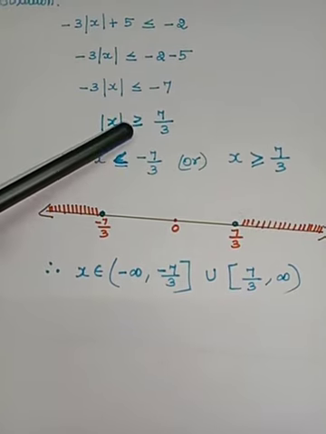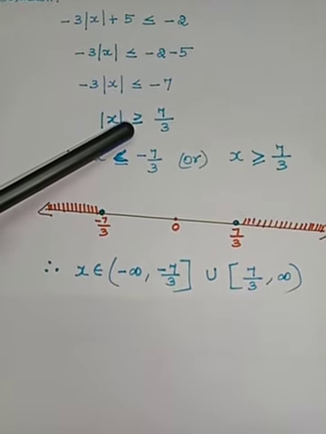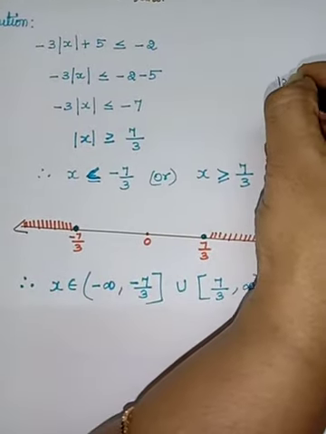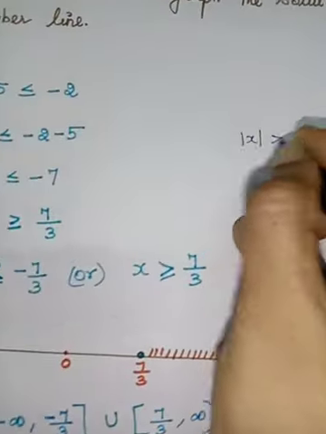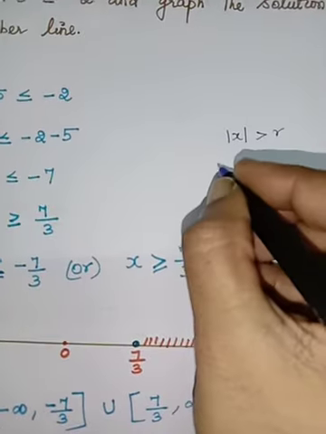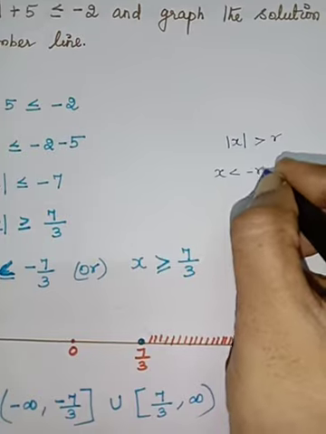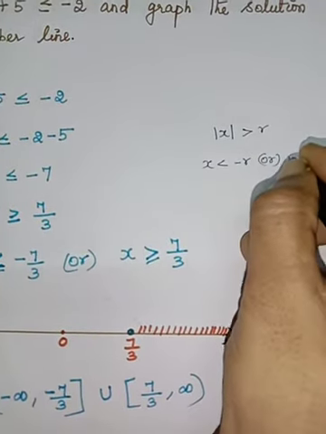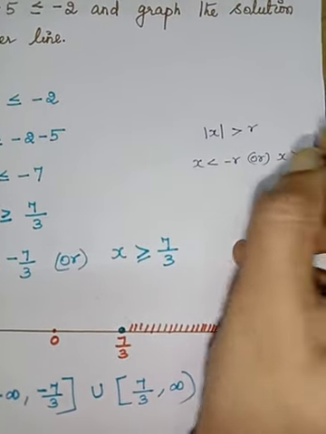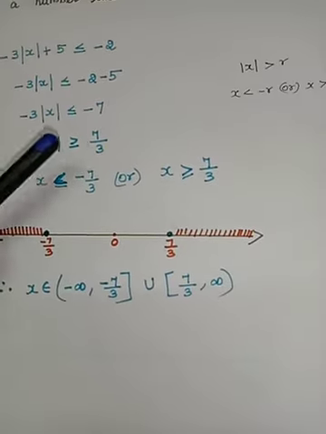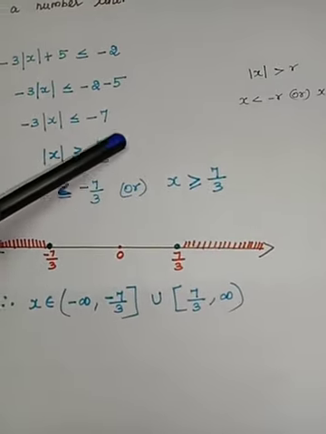Okay, here what symbol is there? Greater than. So what formula has to be used? Modulus of x is greater than r if and only if x less than minus r or x greater than r. Okay, so here in the place of x you are having x, but in the place of r you are having 7 by 3.